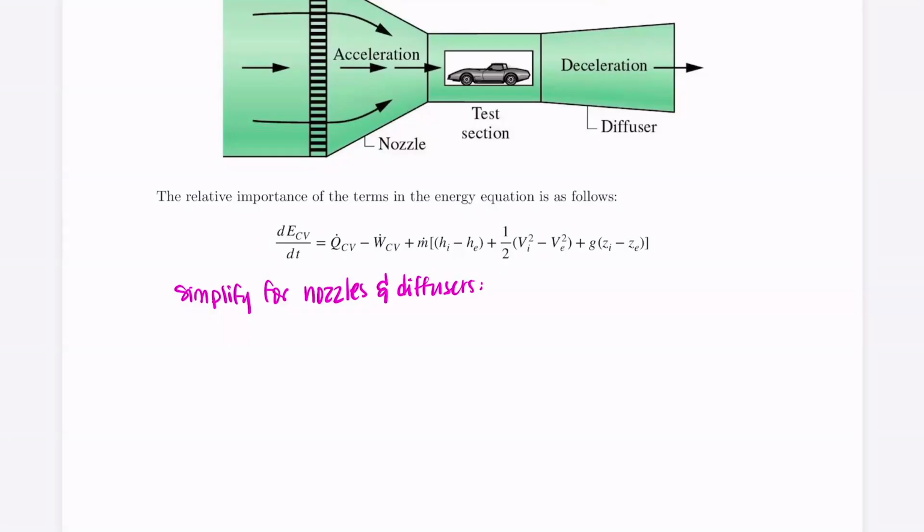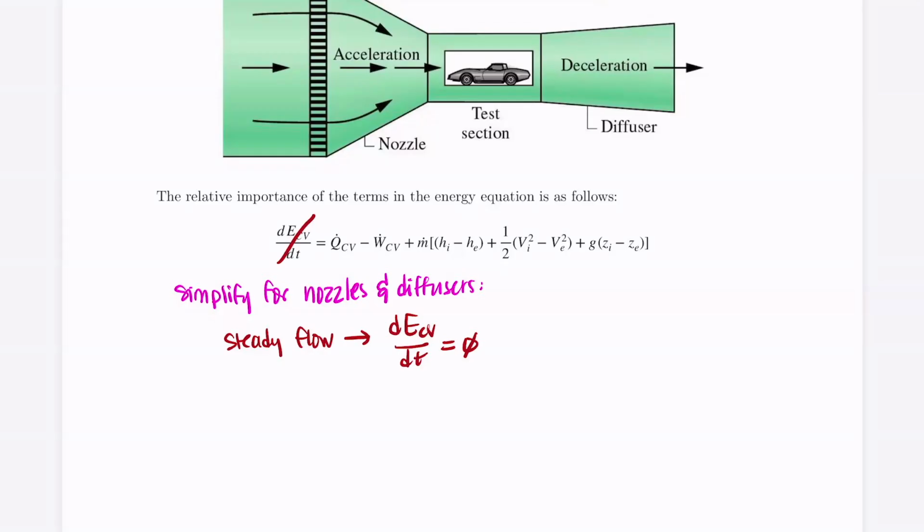Okay, so first of all, we have steady flow. So this means that dE/dt of the control volume is going to be 0. So we can always get rid of that guy.